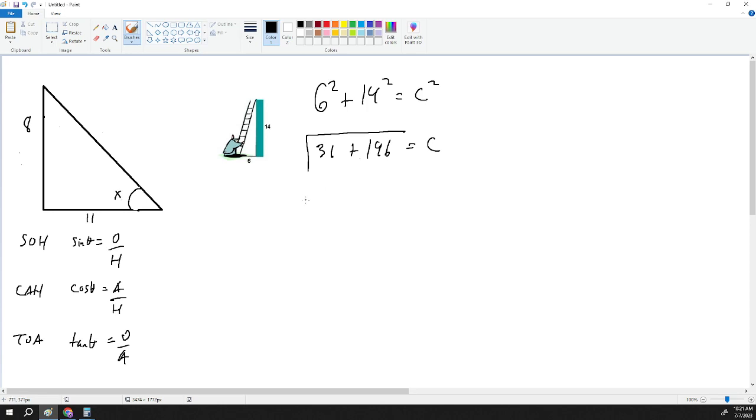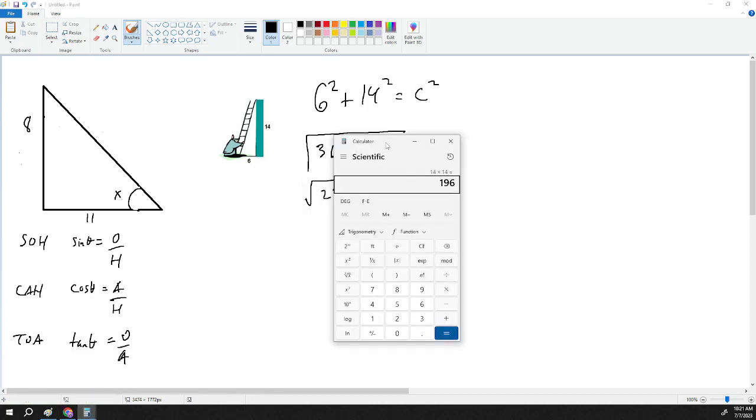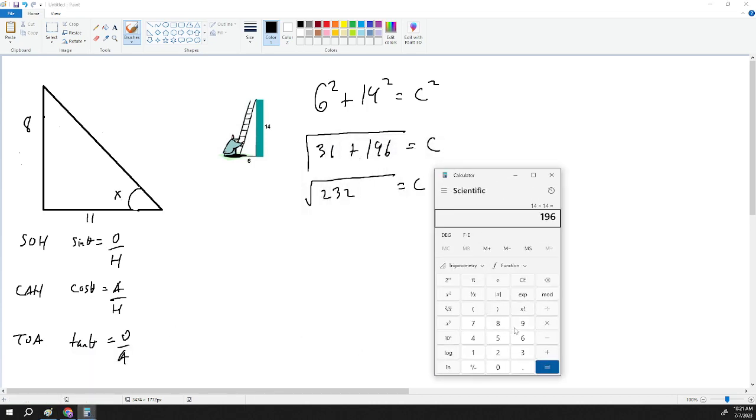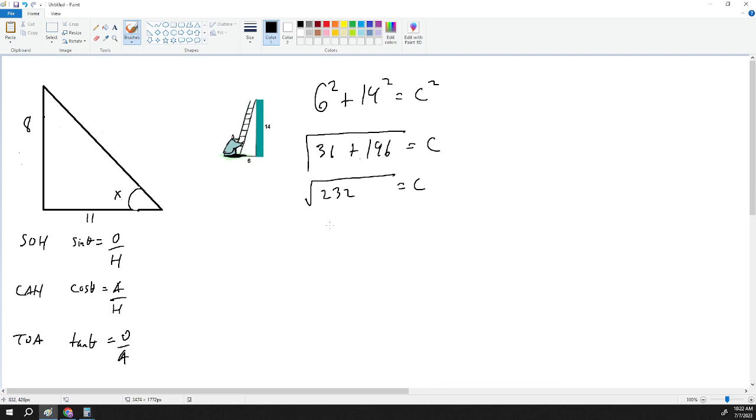So the square root of 232 is equal to c, or just to make sure, 36 plus 196. The square root, we have 15.23.